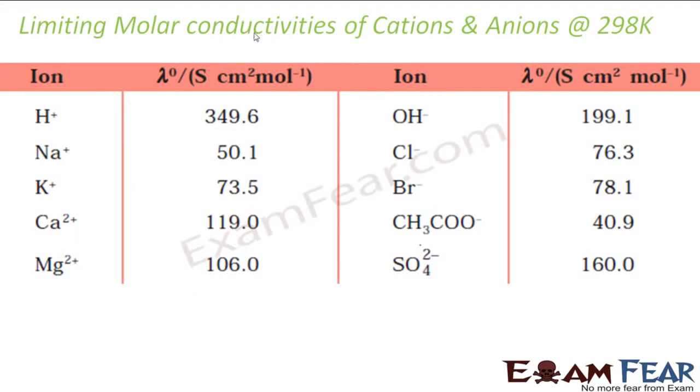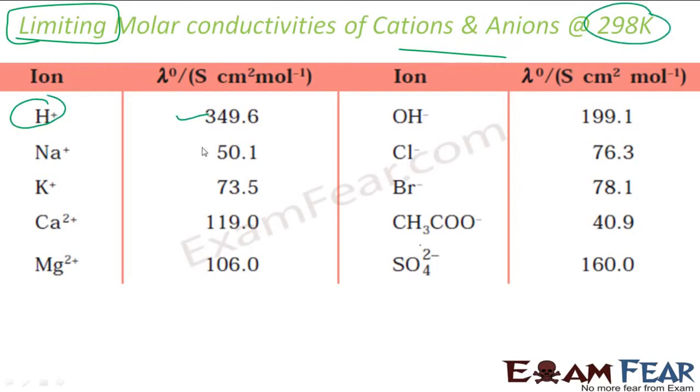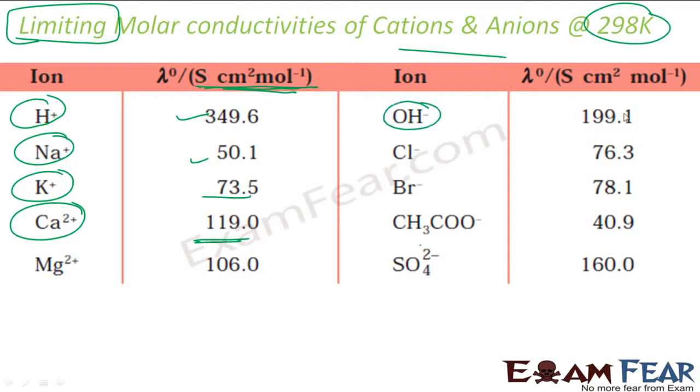And these are the limiting molar conductivities for cations and anions, the popular values at 298 Kelvin. For H plus, this is the value 349 Siemens centimeter square per mole. For Na plus, 50.1 Siemens centimeter square per mole. For K plus, 73.5. Similarly for Ca, 119. Similarly for OH minus, we have this value 199.1.